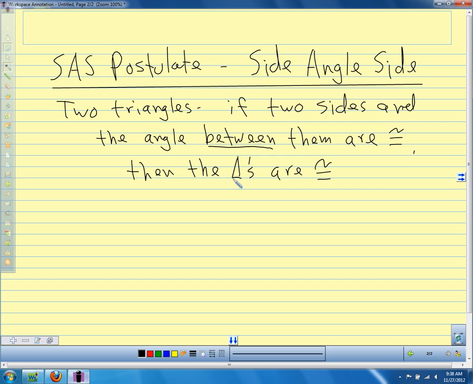And it's important that the angle be between the two sides. We call that angle that's between the two sides the included angle. So in this case, included just means between.